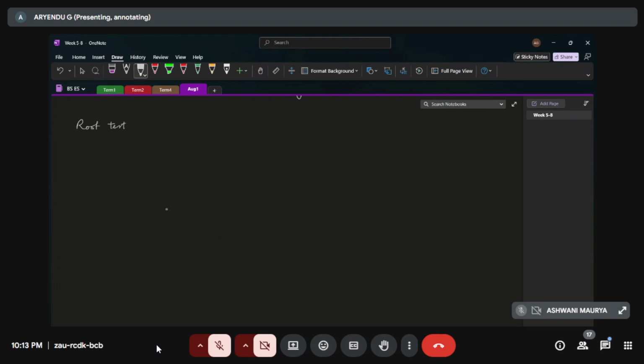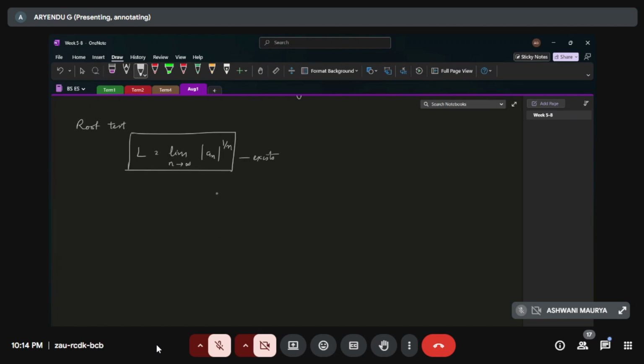So for the root test, we have L such that this is the limit of n tends to infinity for this function a of n raised to the power of 1 by n. If this value exists, then we can use the root test.